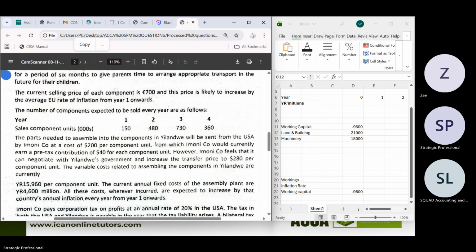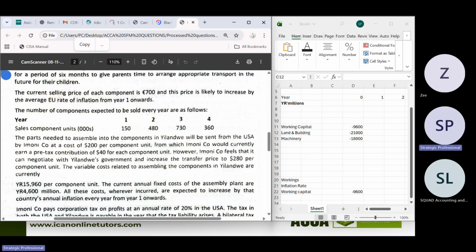Now we move to numbers. They said the current selling price of each component is 700 euro, and this price is likely to increase by the average EU rate of inflation from year one.